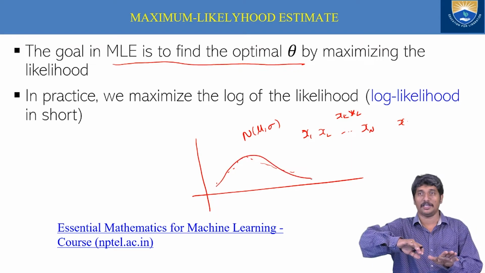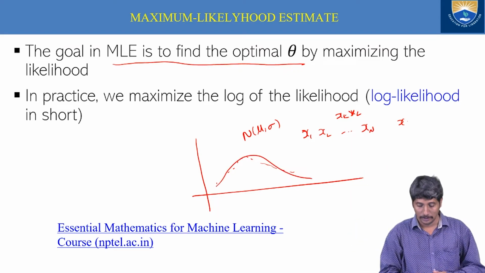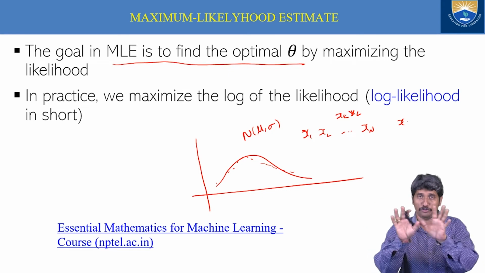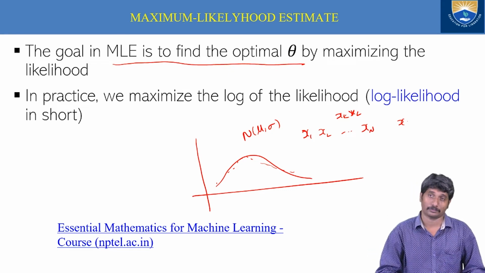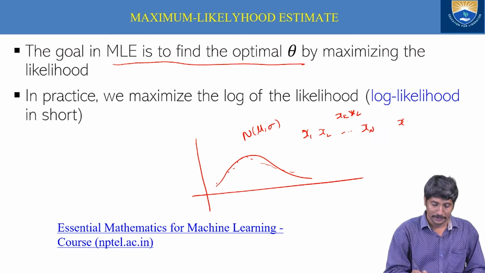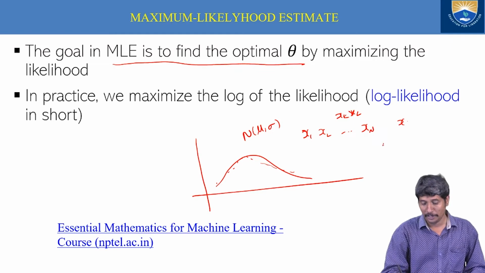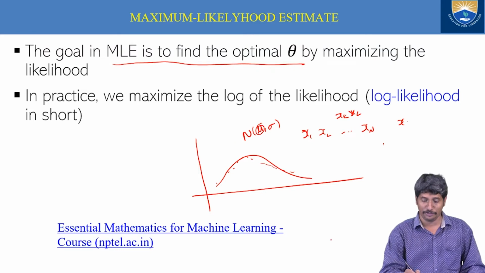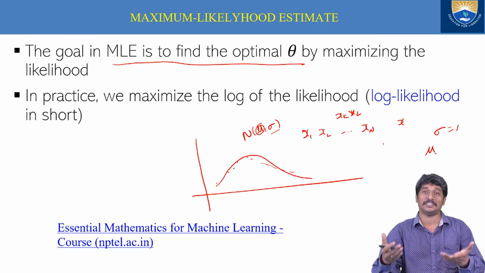The progression is increasing and then decreasing. So depending on the progression, you will fix a probability distribution. Then you will fit a function for the parameter. Suppose here we fix sigma as 1, and then we take mu as the parameter which is to be maximized.